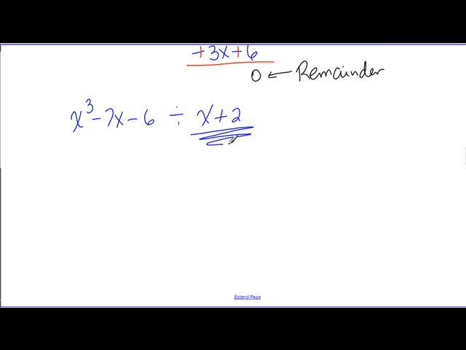Take the opposite sign. So if there's a plus 2 right here, then in our problem we're going to set up with a minus 2 in the box. And then the coefficients of each of your terms: 1, 0 for the x squared coefficient, minus 7, minus 6. Leave a space and draw your line.